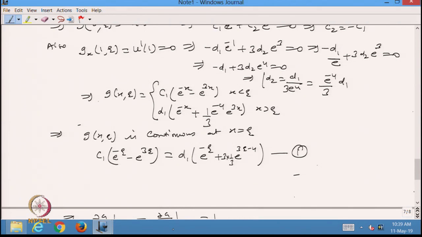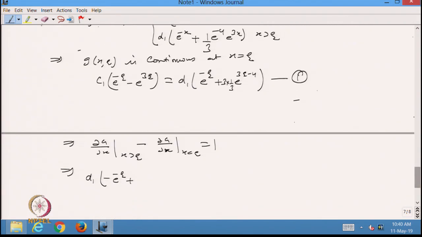So, this is the continuity condition, this one. So, this is putting the continuity condition, and then we are putting on this one.